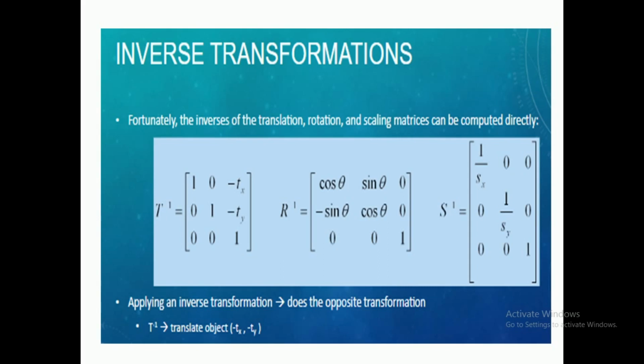Then how to come to 5, 5? That is x minus the translation factor. What is the translation factor here? 5. So x minus 5: x is already 10, the translation factor is minus 5, then 10 minus 5, the new x dash becomes 5.